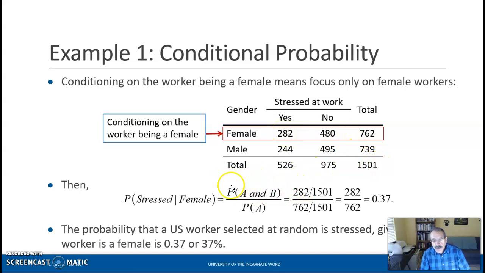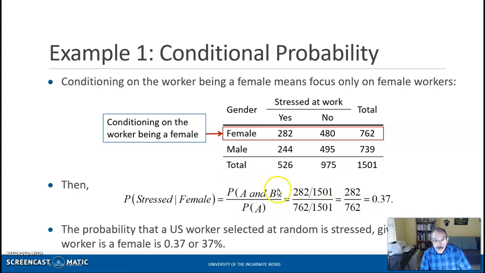So that's the joint probability of A and B. And it says I'm conditioning on females, which is the event A. So the probability of A is the number of females divided by 1,501. That will be the relative frequency, which corresponds to the marginal probability of a female. Now, you see that this 1,501 in the numerator cancels with that number in the denominator. So you end up with this figure.